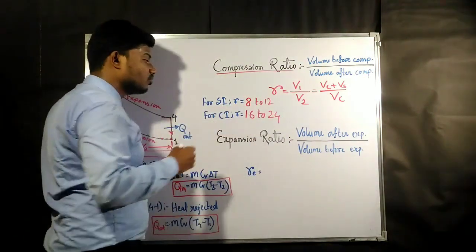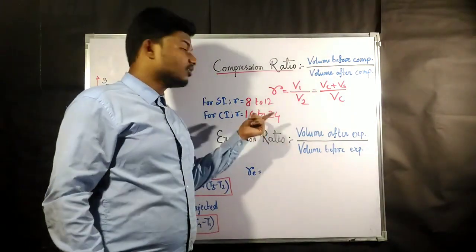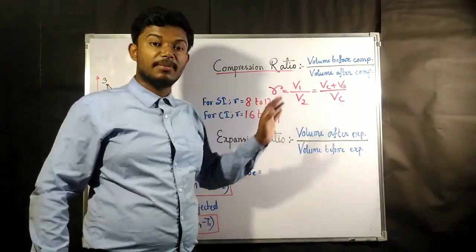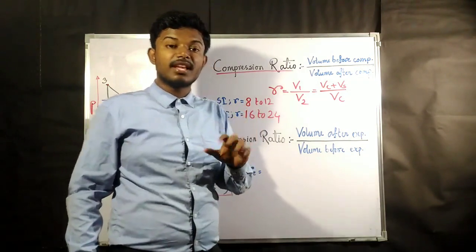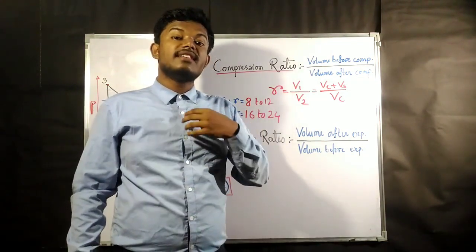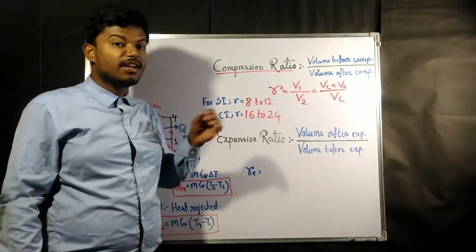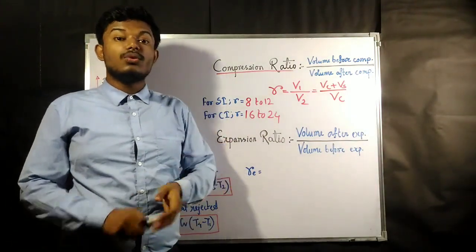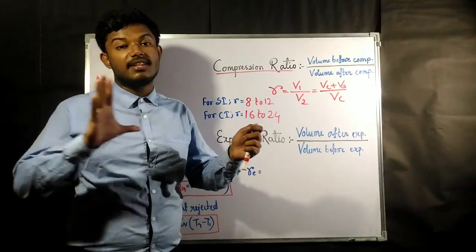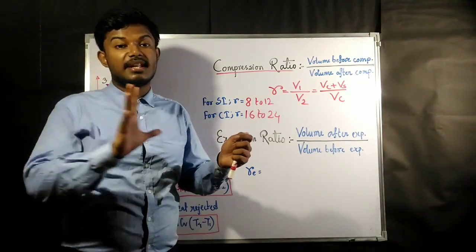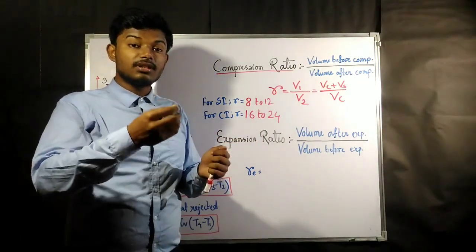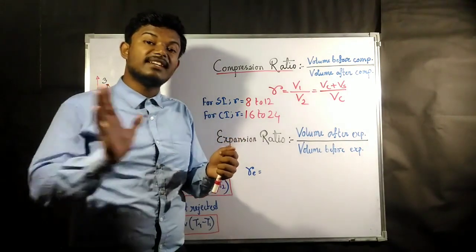Now it is so much higher than in the spark ignition engine. Why? In a spark ignition engine we have something to initiate the ignition, whereas in a compression ignition engine we have nothing to initiate the ignition. We have to attain the self ignition temperature of the air fuel mixture by compressing it only.